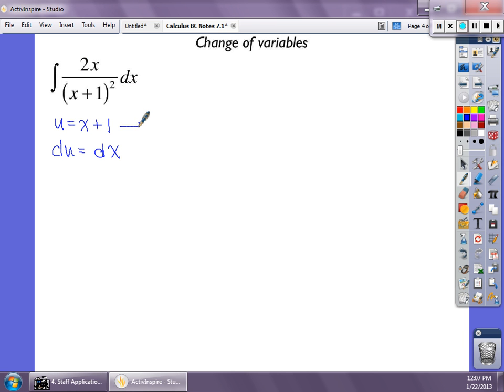So I'm going to rewrite u equals x plus 1 to say x equals u minus 1. And now I'll be good to go. We'll rewrite this integral as the integral of 2 in parentheses, u minus 1, dx is du, and it's going to be all over u squared.